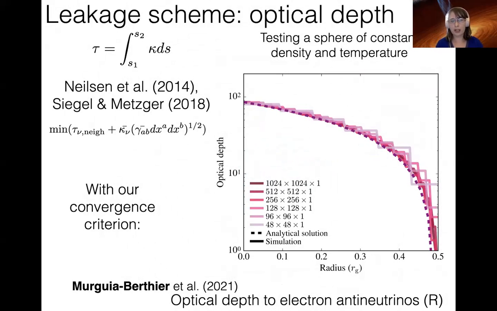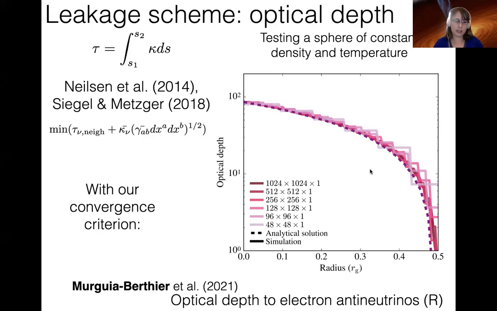So we created a convergence criterion. In here, this dashed line shows the analytical solution, and the other lines represent, for different resolutions, what we get for the optical depth, again for this sphere. And what you can see is that we get a pretty nice and very robust optical depth.